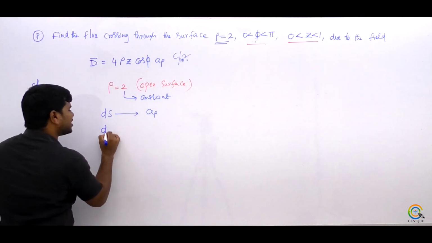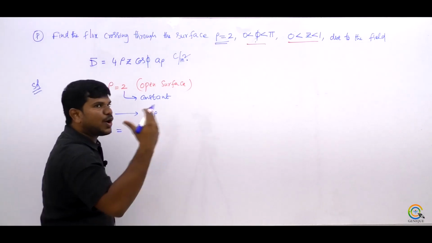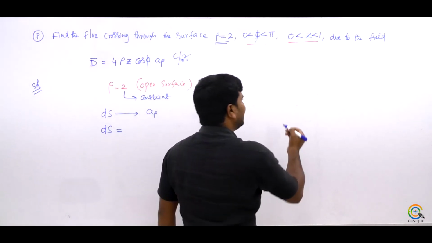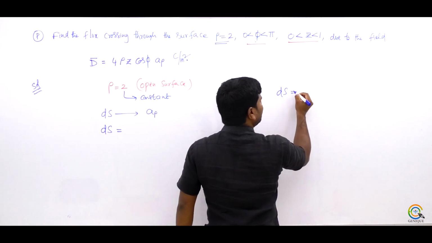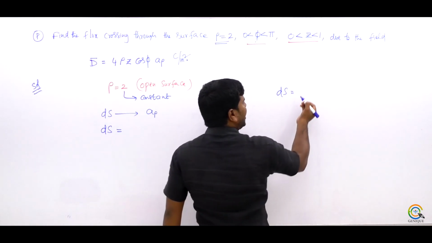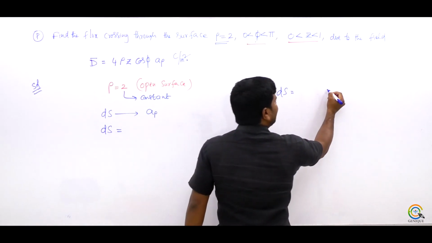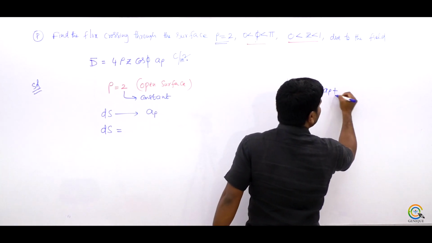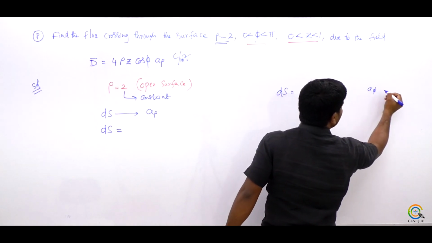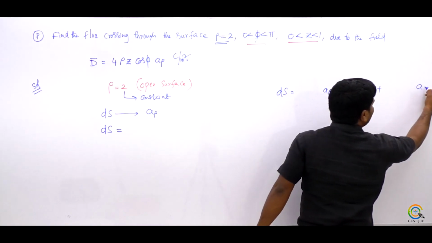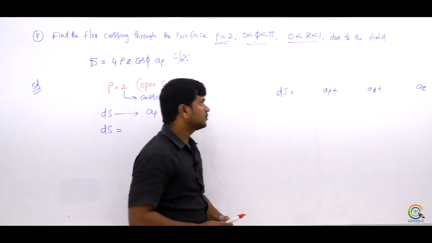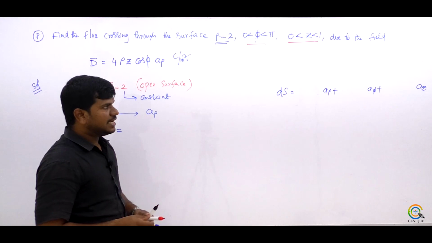Then what is the surface area? What is the ds? ds is h2 h3 dv dw in the direction of a rho, plus h1 h3 in the direction of a phi, plus h1 h2 in the direction of a z.